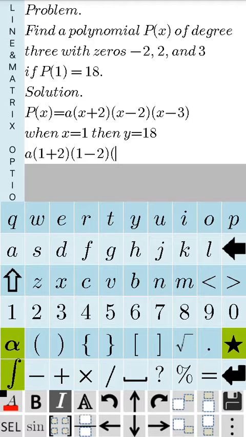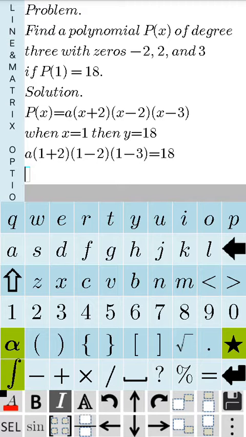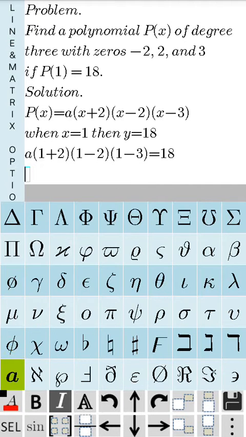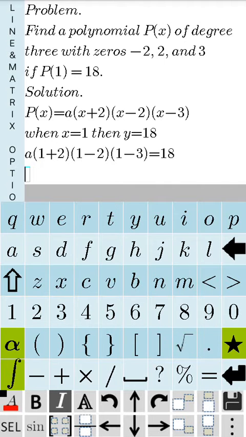And 1 minus 3. So this should be equal to 18, right? So it's not A. So 1 plus 2 is 3. 1 minus 2 is -1. 1 minus 3 is -2. And all of that multiplied should be equal to 18.